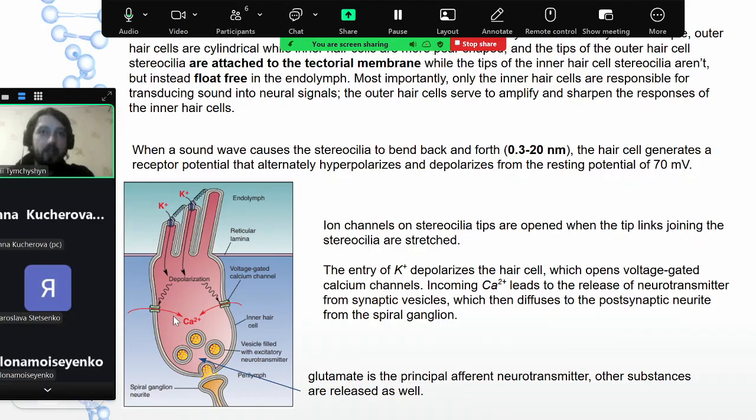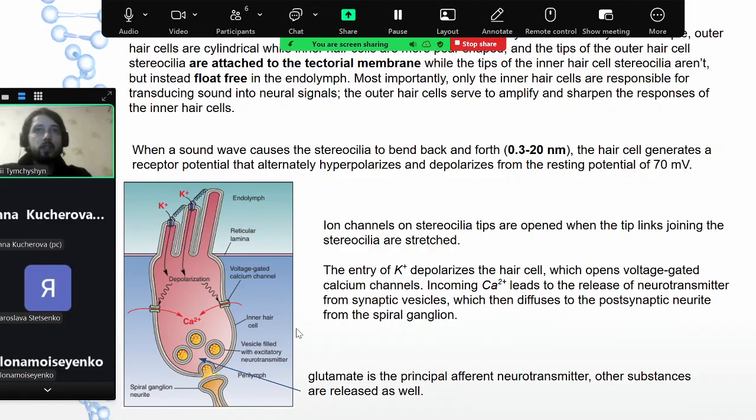In these cells they have vesicles with some excitatory neurotransmitter, I guess glutamate, and they fuse with the outer membrane and activate some neuron. Here is the spiral ganglion neurite. It will detect this glutamate and then generate some action potential and send it to the brain, so we are hearing something. And the brain will then make some sense of whatever we hear.